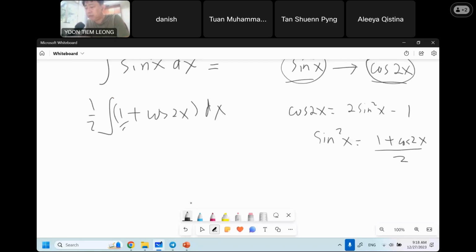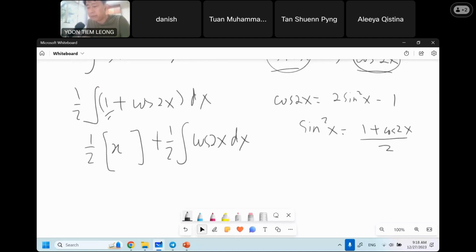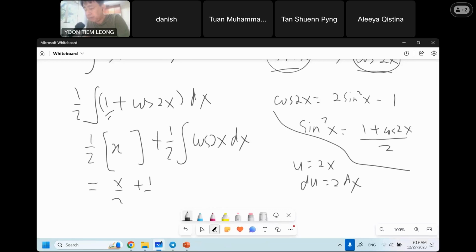Then you have the integration of this term. So let me write down the integration. Now what you are left with is the integration of cos 2x dx. And here we have actually seen before, earlier on we have done at least a similar integration. You will substitute u as 2x so that du is equal to 2 dx. Then you simplify the integration of cos 2x into the integration of the form cos u.